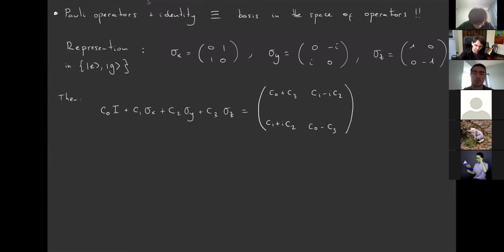Okay? Now, if we allow these coefficients to be any complex number that you want, it's obvious that we can build any matrix with this. So this can be any matrix.